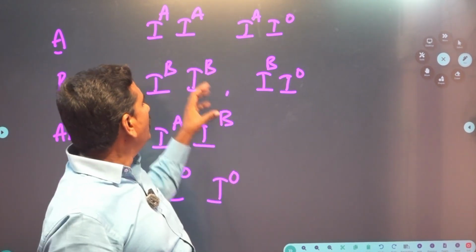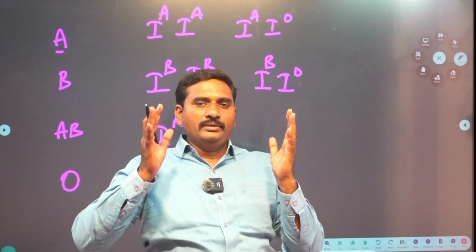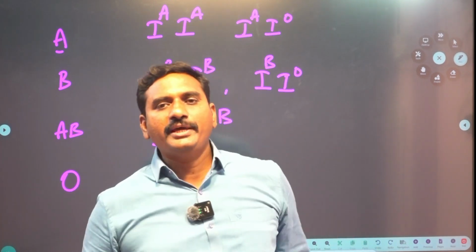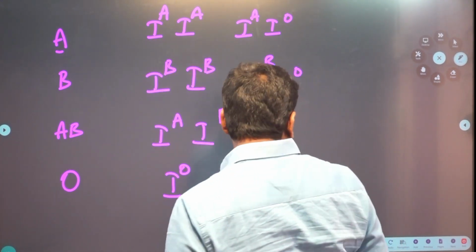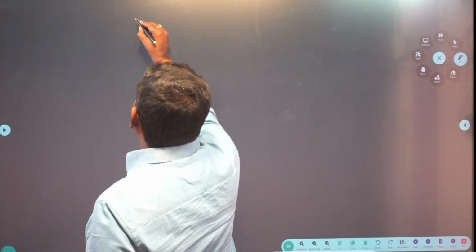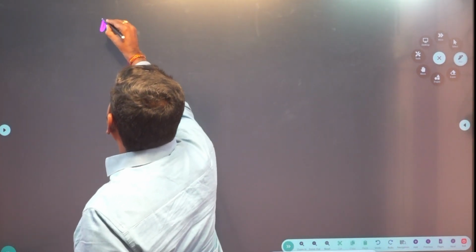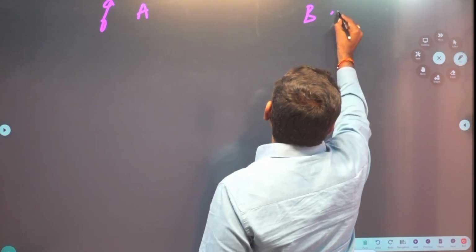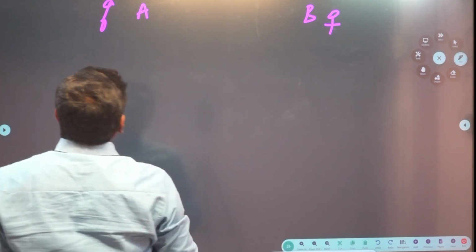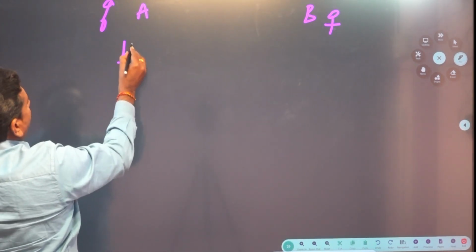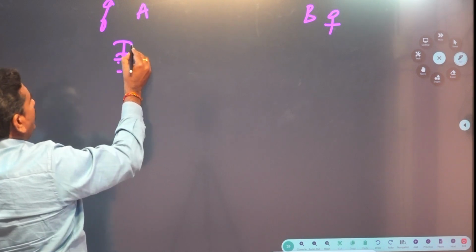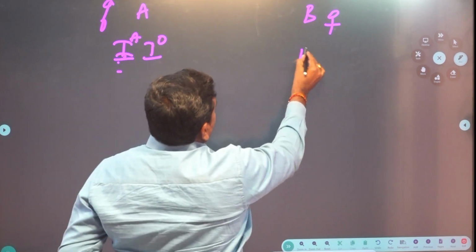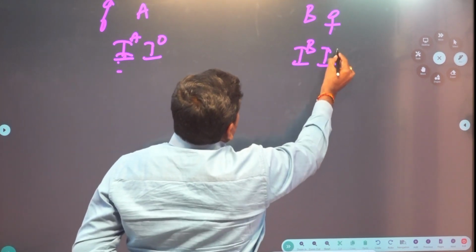So if you take the A and B blood groups, if the father is A and the mother is B, what types of genotypes will be in their offspring? We can see here, father is A, mother is B. Always we have to take the heterozygous condition only: IA IO and IB IO.